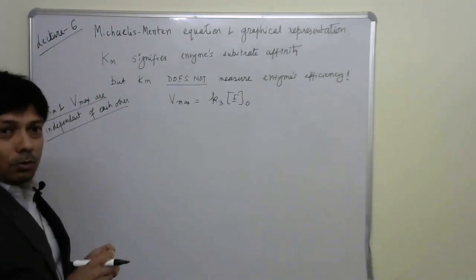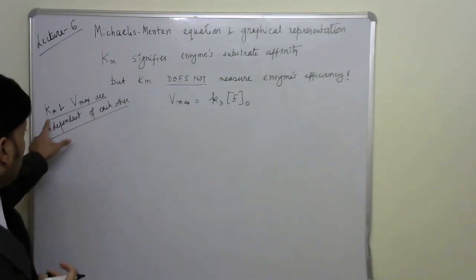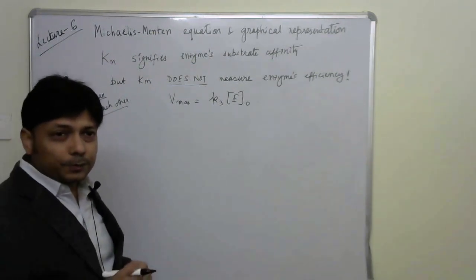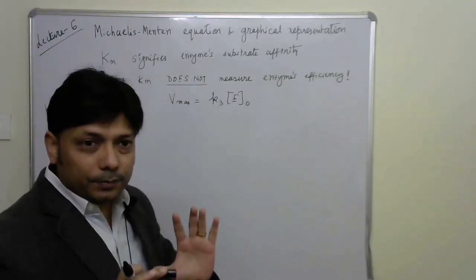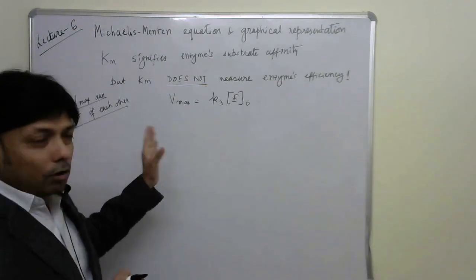Let us also remember that the Michaelis constant and Vmax, the maximum velocity, are independent of each other, so they are not related. And we cannot predict Vmax from Km or vice versa.